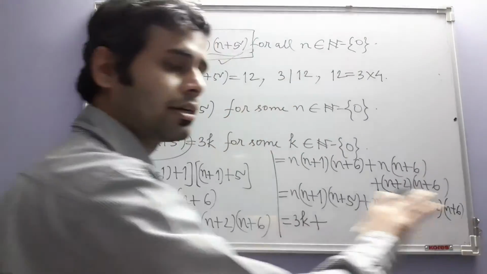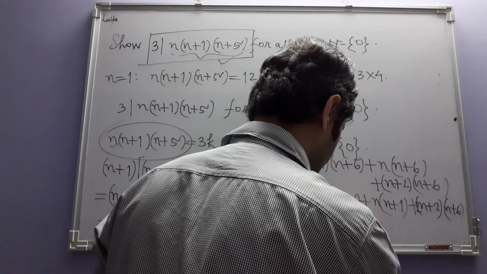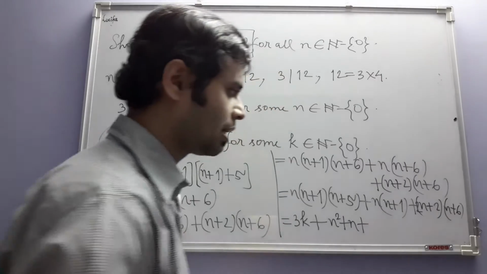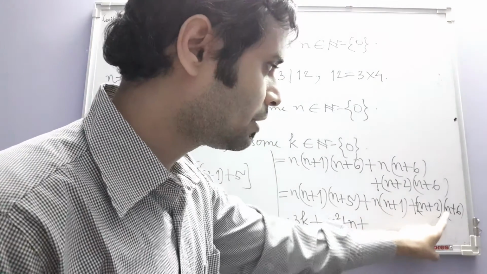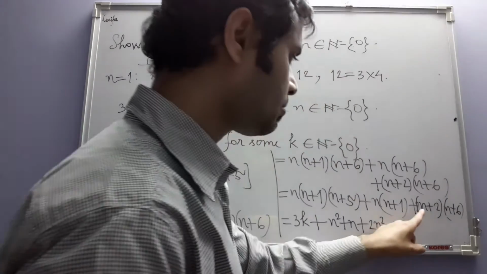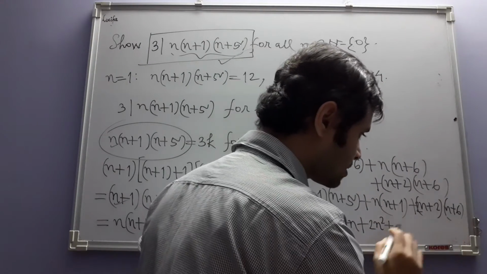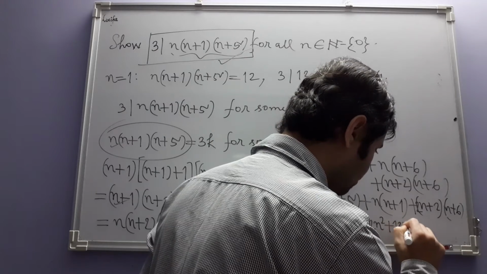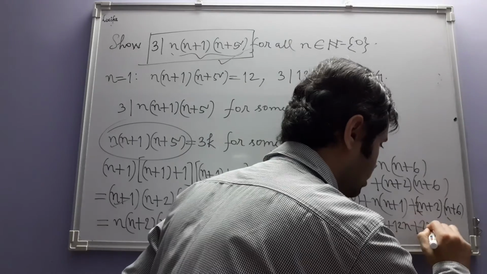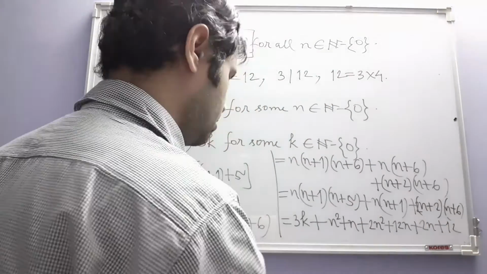Now we can multiply this out. N square plus n plus, if we carefully multiply, we have 2n times n, 2n square plus, let me show the steps, 2n times 6 is 12n plus 2 times n is 2n, finally plus 2 times 6 is 12.